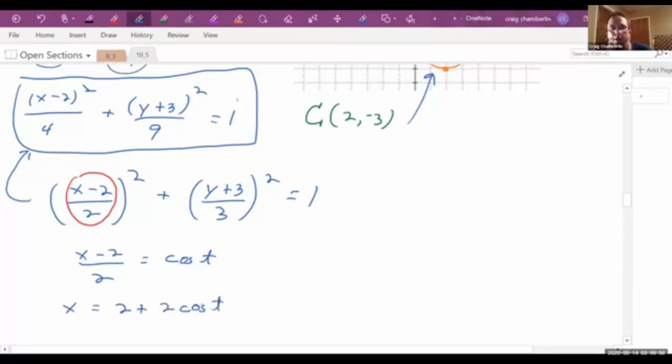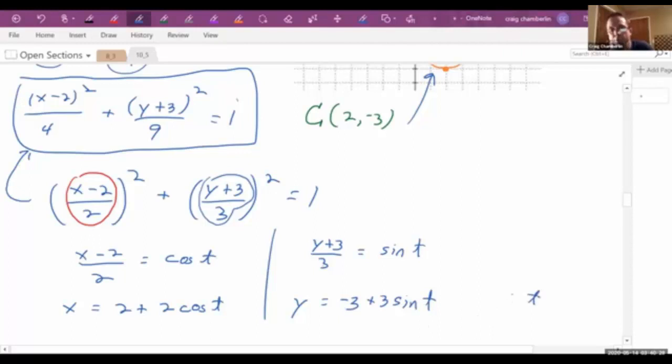That would be one of your parametric equations. The other one, you would set this guy equal to sine of t. So (y + 3) over 3 equals sine of t. And you've seen this before. Multiply both sides by 3, subtract 3. So what would you get? y equals -3 plus 3 sine of t. And then t only has to go from 0 to 2 pi to trace out the whole thing.